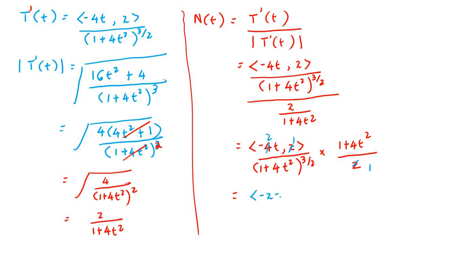Negative 2ti, this is 1j, okay, 2 and 2 cancel together. So 1 plus 4t squared divided by (1 plus 4t squared) to the power 3 over 2, this is power 1.